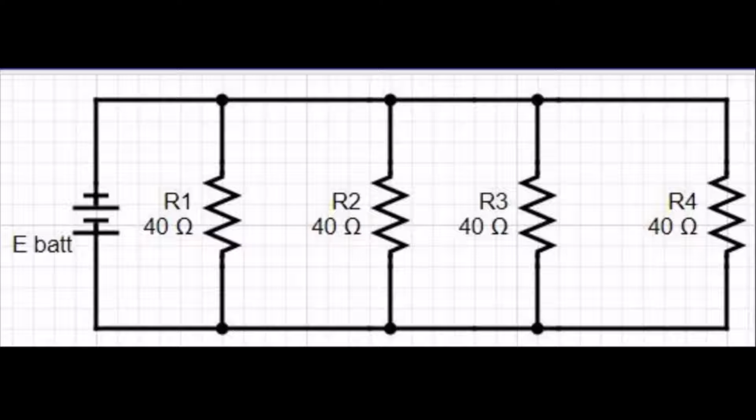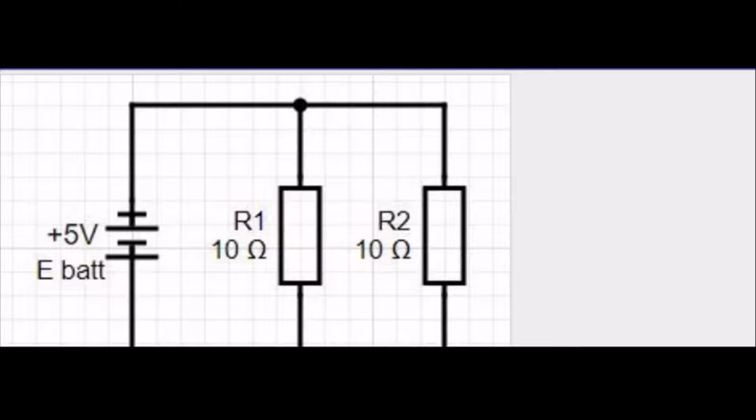Okay, let's go back and look at our first example of resistance, which were the 2 resistors in parallel. Okay, here are 2 resistors in parallel. They're both 10 ohm resistors, and there's a 5-volt battery.